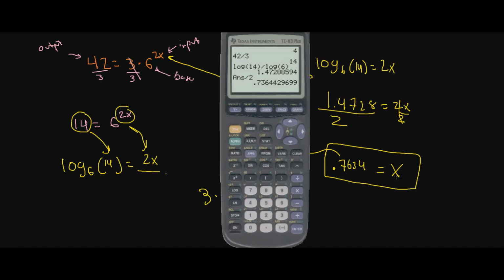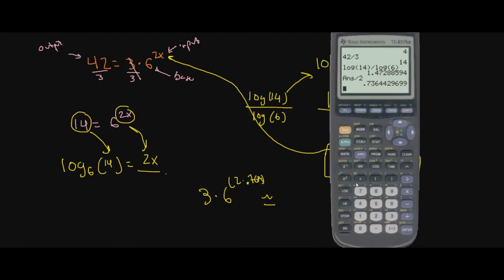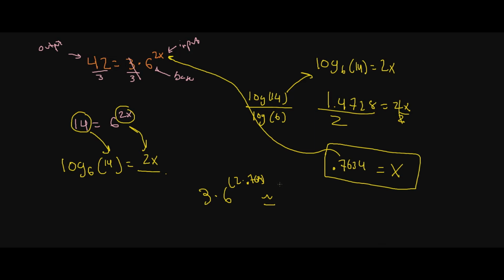All right, so let's go ahead and do that right over here. 3 times 6 raised to the, and I'll just put a set of parentheses, 2 times 0.7364, and we better get close to 42, right? 41.999.